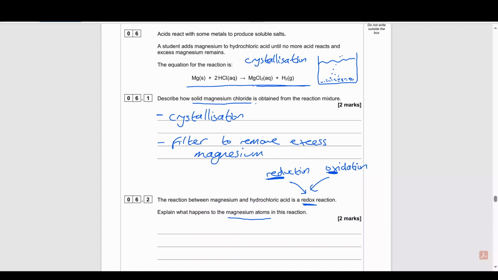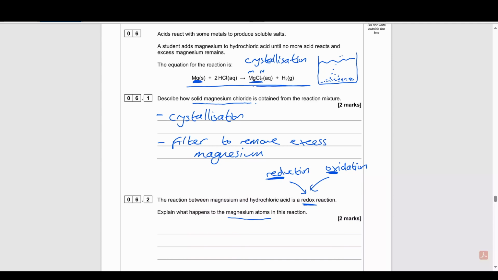Well, remember from before, metals always form positive ions. So in our equation, the magnesium is the metal. In the product, we have magnesium chloride, an ionic compound, because there's a metal and a non-metal.